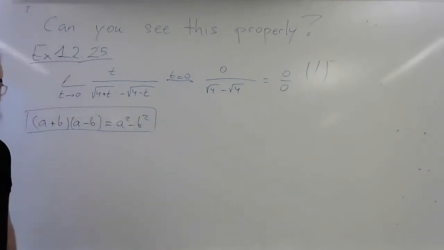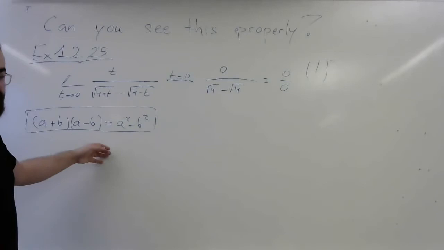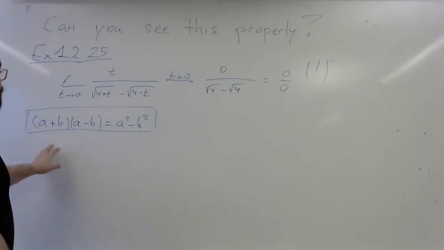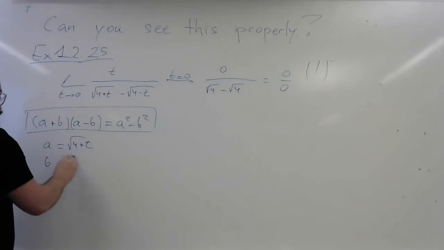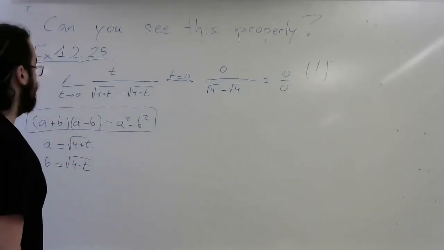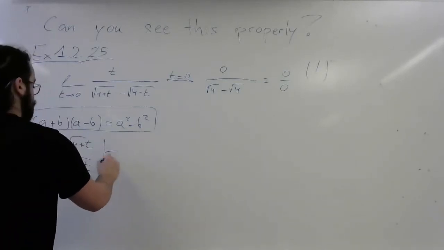This notable identity, we're going to use it constantly as you have to solve limits that involve polynomials and other things that involve polynomials. This is your bread and butter. And so what we are going to do is say a is square root of 4 plus t and b is square root of 4 minus t. So this is our idea.